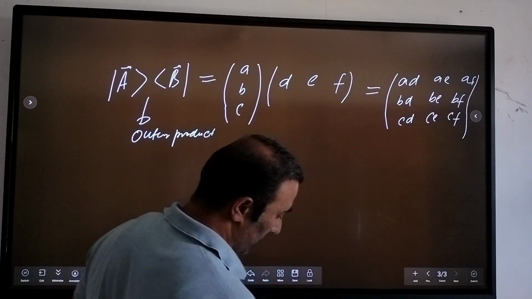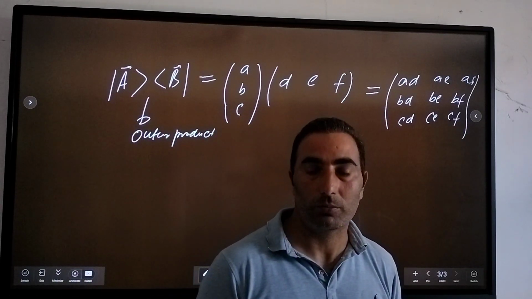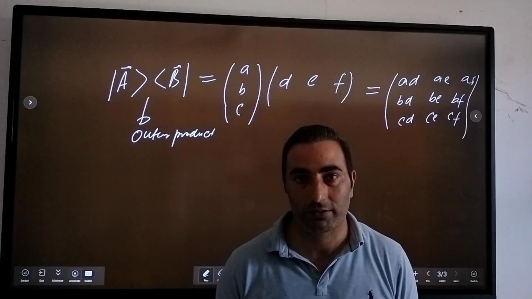outer product, right? Now, if we have these orthonormal unit vectors, I can also represent those unit vectors in terms of this bracket notation.